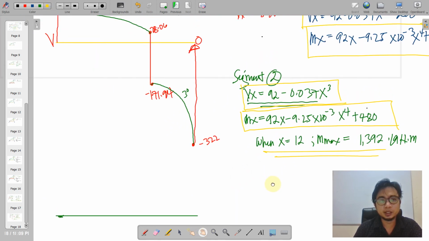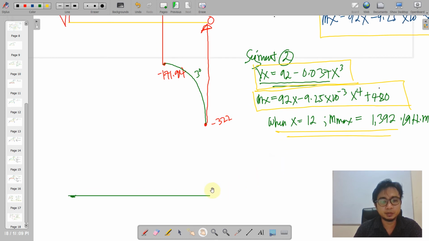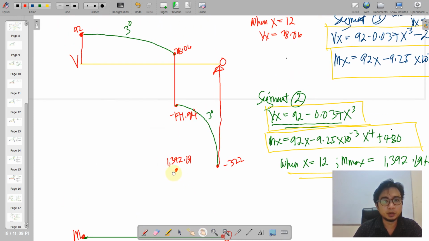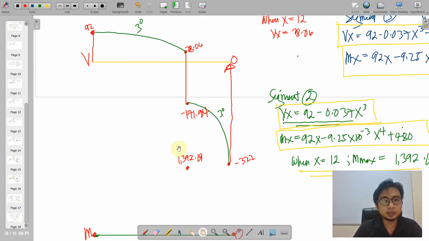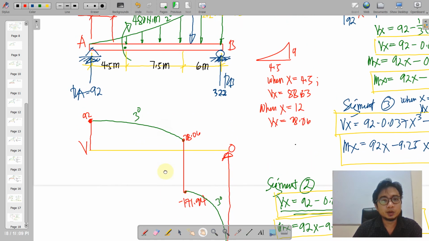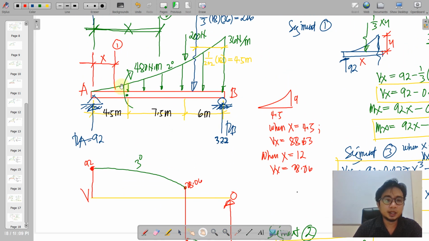So we illustrate that in our moment diagram. Say that is m and that is 0. We'll just indicate here the value. So to connect the tree here, starting at this point, of course we need to terminate where there is couple. Why do we terminate where there is couple? It is similar to a point load where it affects our diagram, especially in the moment.